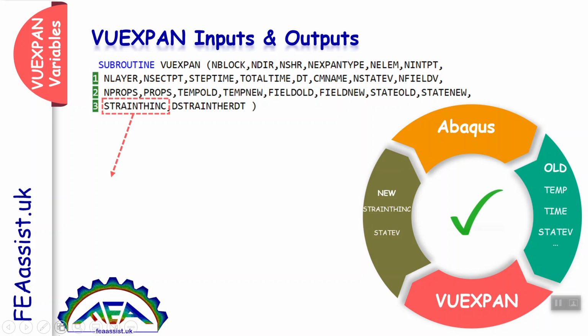Thermal strain increment: delta L per L0 is equal to the thermal expansion coefficient multiplied by delta T. So this thermal strain needs to be written and defined in the VUEXPAND subroutine.